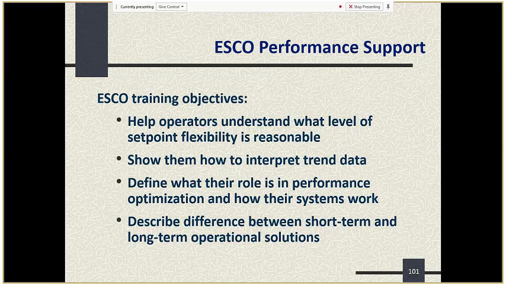But sometimes it creates long-term damage. So weighing the short-term benefit versus the long-term and making an appropriate decision can also be an area where the ESCO input can be very helpful. Go to 102.